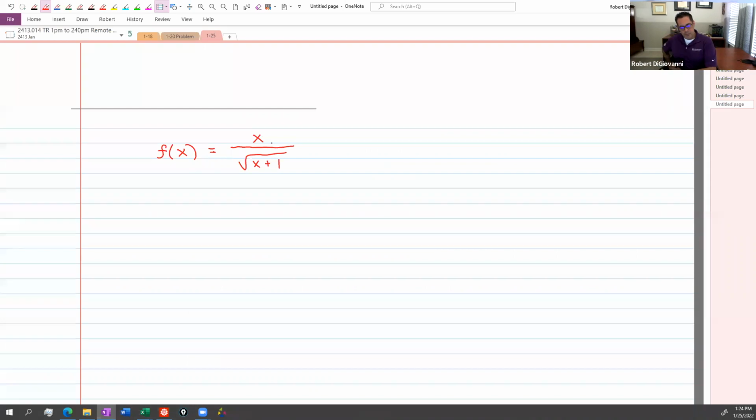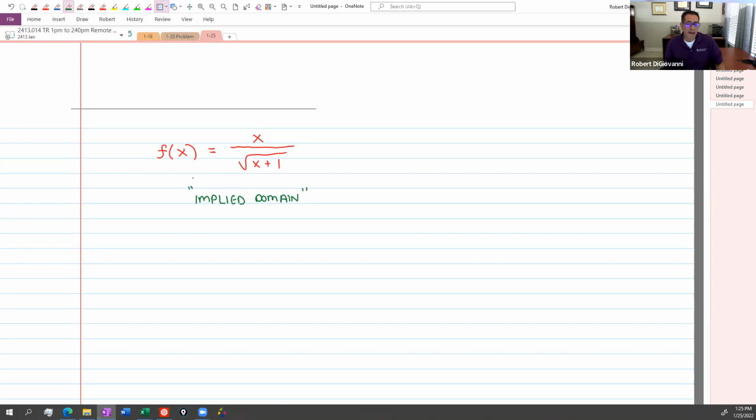Now, without me actually writing anything down, there's what is considered to be the implied domain of this function. Implied domain. The implied domain is basically the values of x that you're allowed to plug into this.